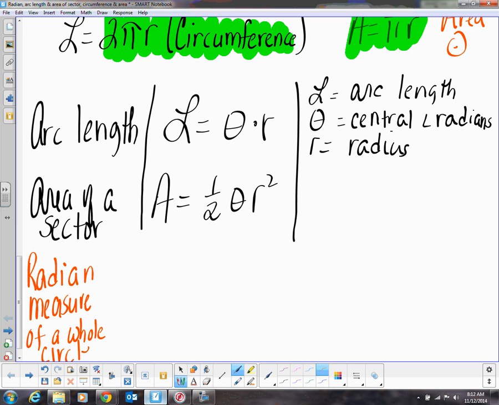What's the radian measure of a whole circle? 2 pi. That's important so that you can use arc length for circumference and area of a sector for a whole circle, if you know this.